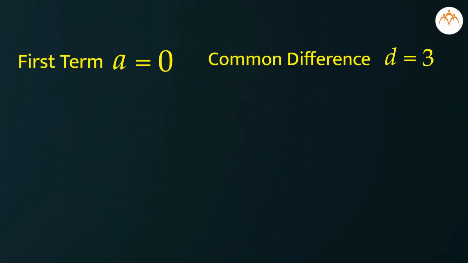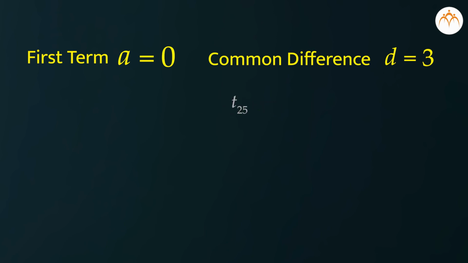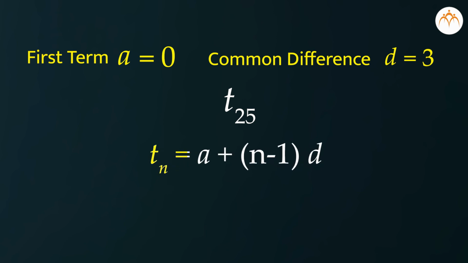Now, given the first term A and the common difference D, we want to find the 25th term, that is T25. For this, we will again use the formula for finding the nth term, Tn is equal to A plus n minus 1 into D. Here Tn is equal to T25, so n is equal to 25.